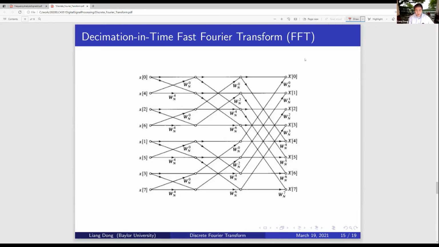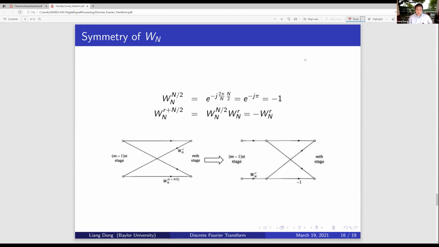Last time we also talked about the last step: because of some properties of W_N, it's also symmetric according to the middle point N over 2. So we can continue to reduce complexity. Now here we have two weights you need to multiply on this branch and on this branch.